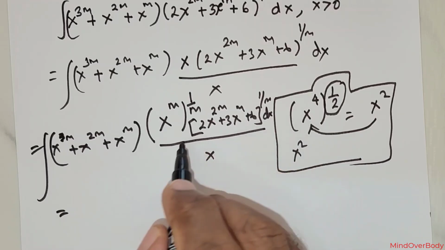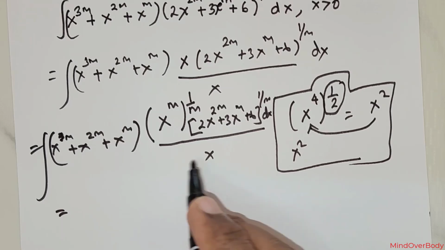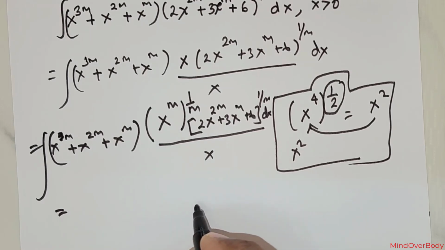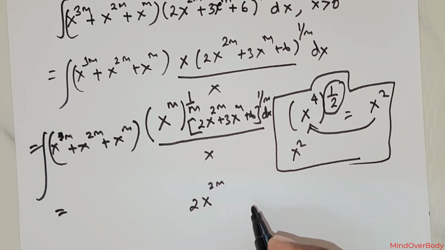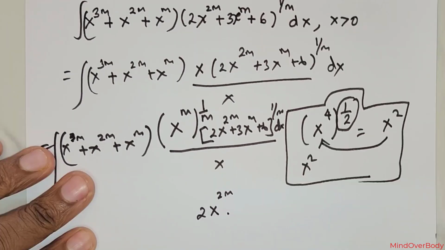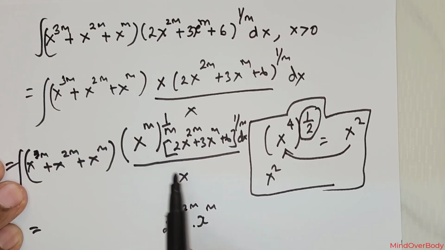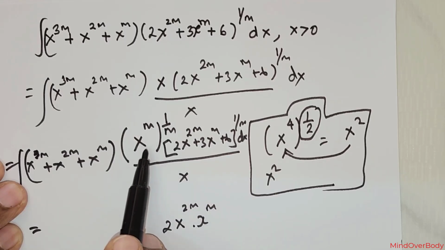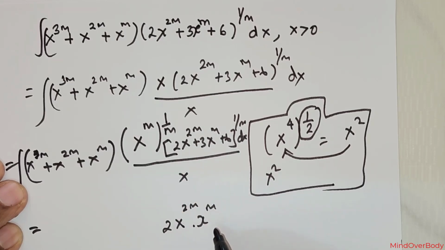as I mentioned to you, I would like to pull this inside. If I were to pull this inside, then 2 times x raised to the power of 2m will actually be multiplied with x raised to the power of m, because I am taking x raised to the power of m common, and that is raised to the power of 1 over m.